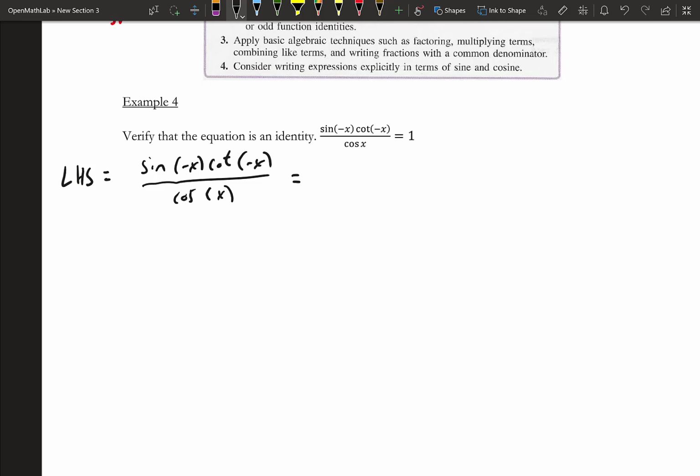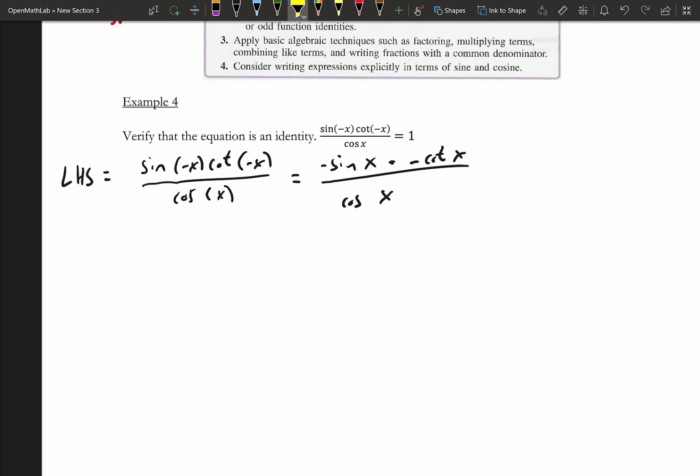We're just going to keep simplifying it and hopefully get down to 1. So first thing I notice, since we have the negative x inside, both sine and cotangent are odd functions. So this is going to equal negative sine of x times negative cotangent of x all over cosine of x.